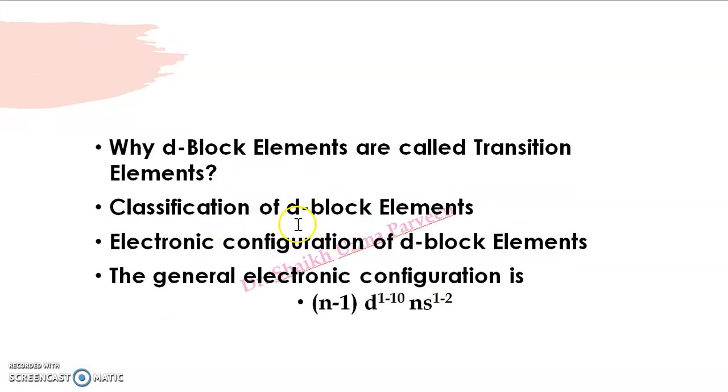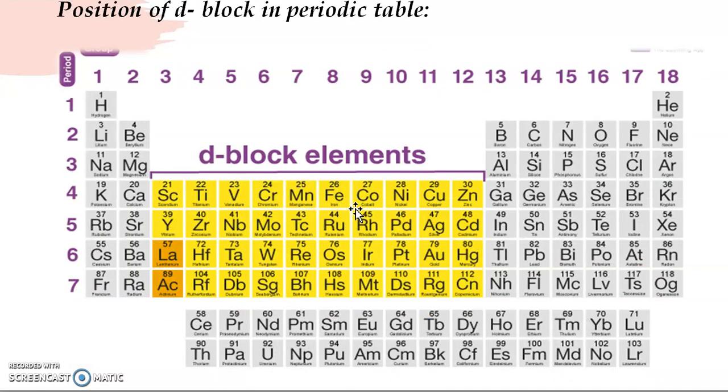Now we'll discuss the classification of D block elements. As you can see in this picture of the periodic table, based on whether the last electron goes to 3d, 4d, 5d or 6d orbital, D block elements are classified into 4 series.